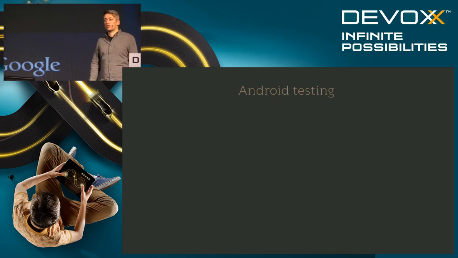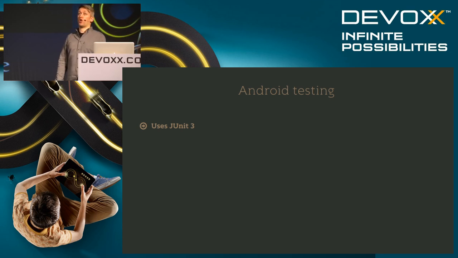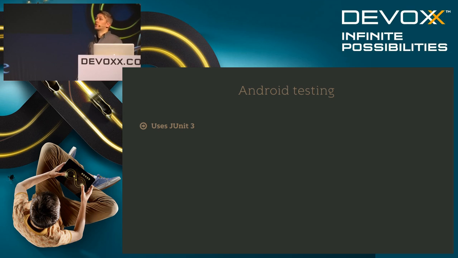Now, as I said, Android testing is based on JUnit 3. People that have done a little bit of testing on Java will know that the current version for already quite a long time is JUnit 4, but when you stay with the normal tools, everything is based on JUnit 3.